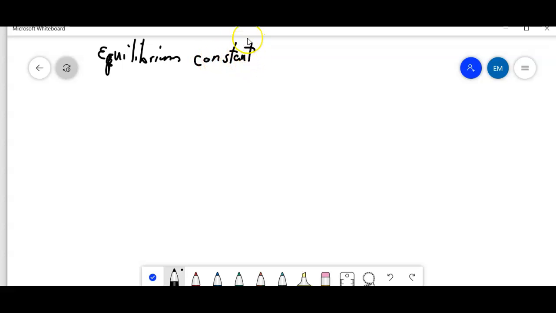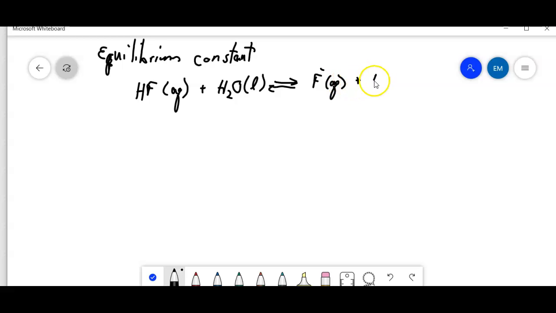I'm putting it up here just as an explanatory thing, so you see how you can work through this, how this makes sense. And let's take this reaction, the one we're using here. It's fluoride, which is going to be aqueous, plus H3O plus, which is going to be aqueous.